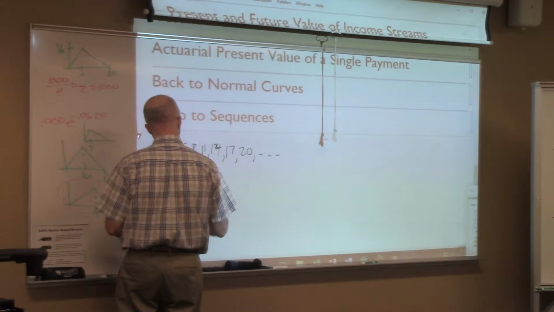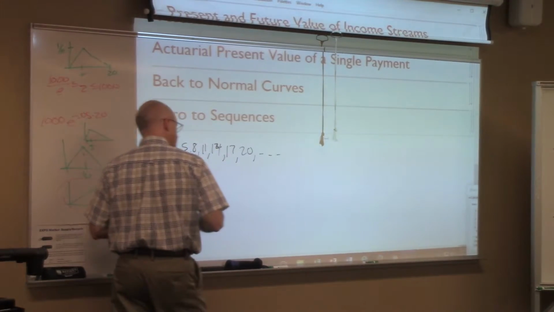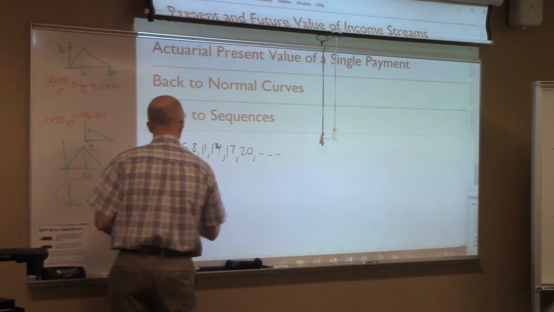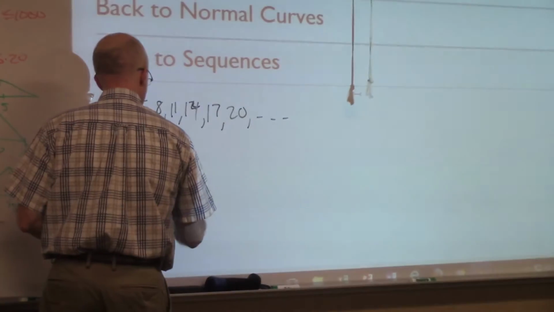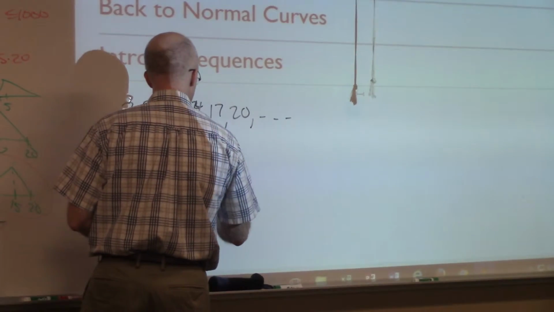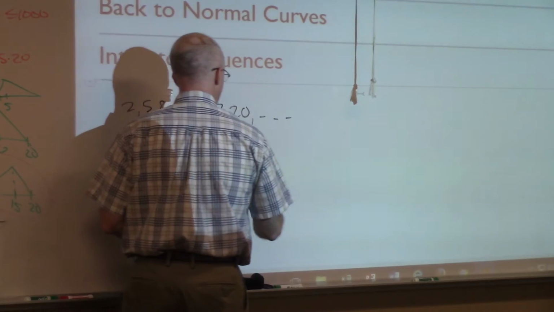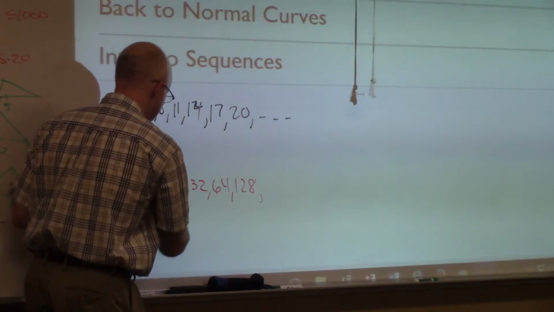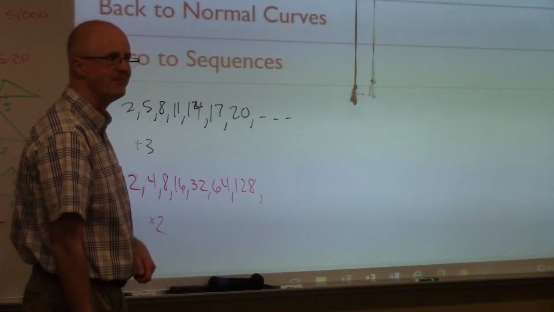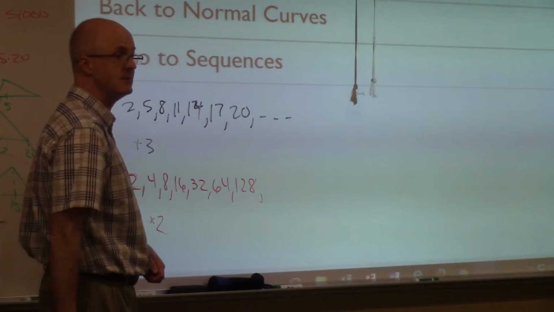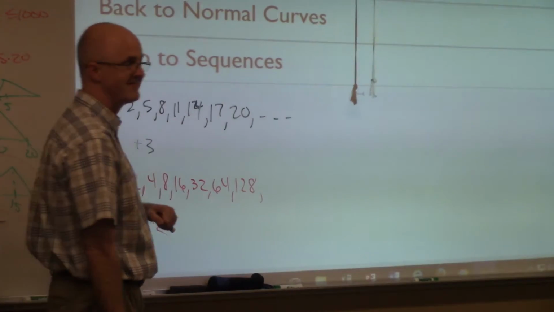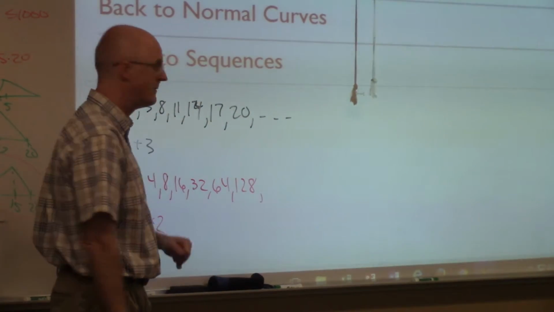Another example would be, this was one of my daughter's favorite ones. 2, 4, 8, 16, 32, 64, 128. Keep doubling each time. The pattern is times 2. Multiply by 2 to get the next number. This is like terms in a geometric series, common ratio being 2.